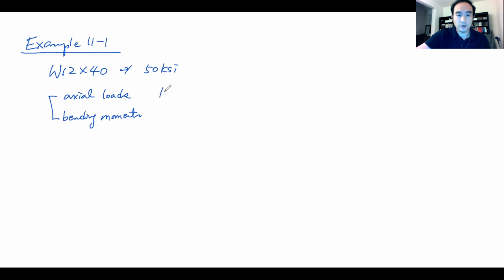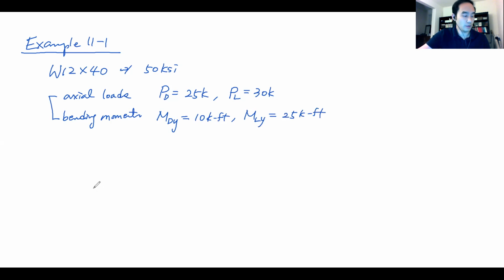And axial loads are given as this: PD is equal to 25 kips. So this is dead load. PL is given as 30 kips. MD, and this is about the y-axis, so it's MDY, which is 10 kip feet, and MLY, so this is live load, 25 kip feet.